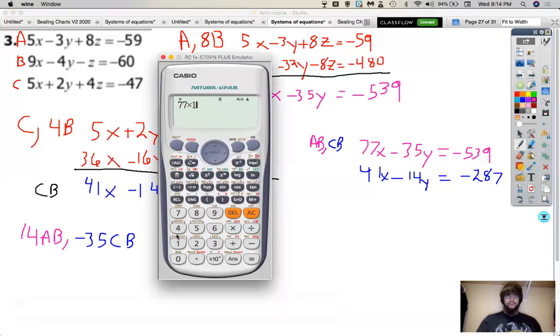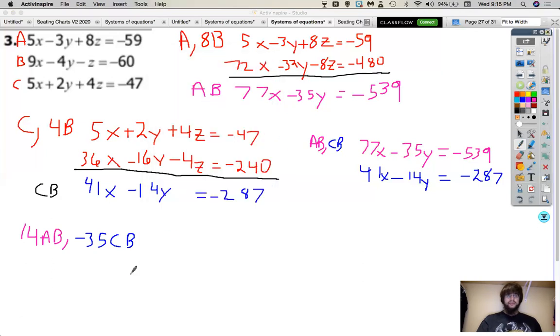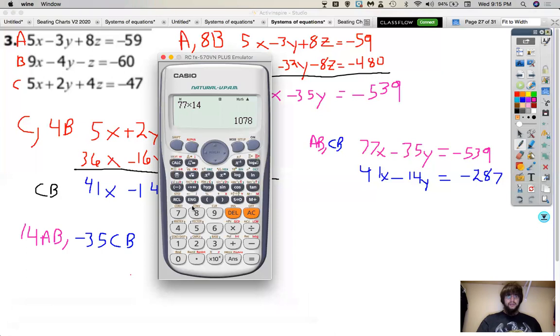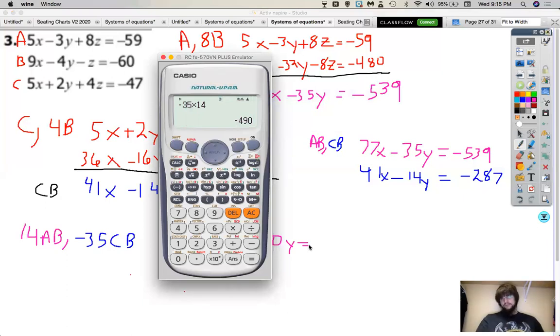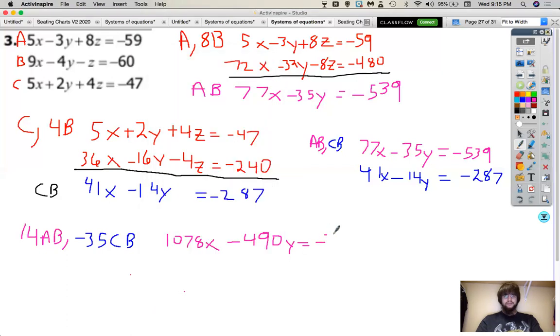77 times 14, 1078 X. Negative 35 times 14, negative 490 Y equals 14 times negative 539, negative 7,546.